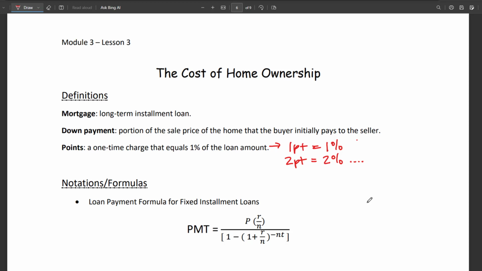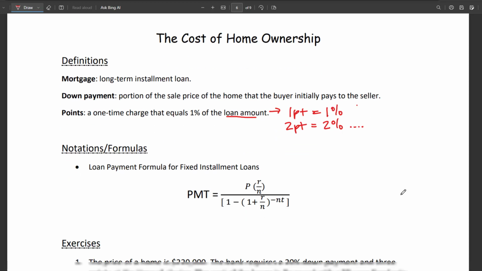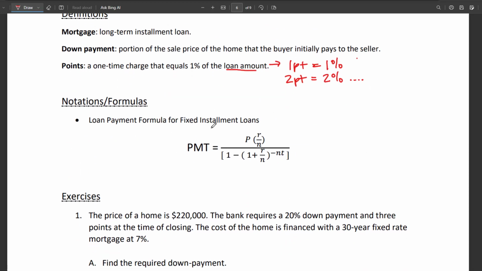The way that we're going to calculate it here is by this point system. It'll tell us it's either like 3 points, 4 points, and it's that much percent of your loan amount. So not the value of the house, but your loan amount. We're going to use that same payment formula for our house payment.